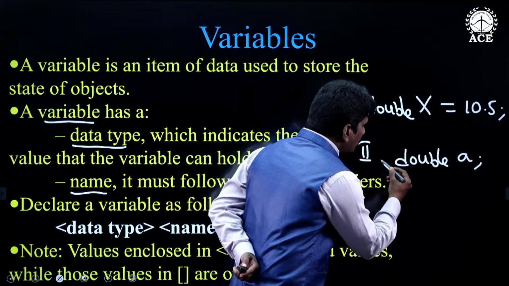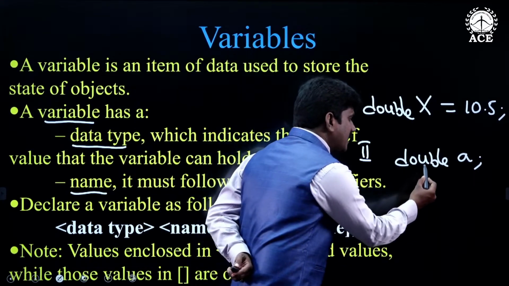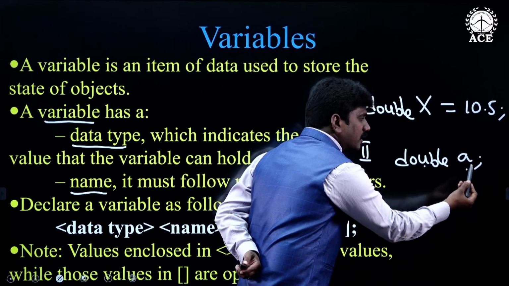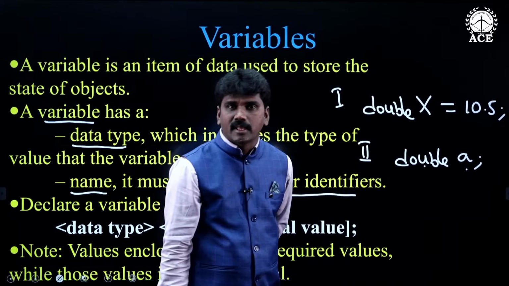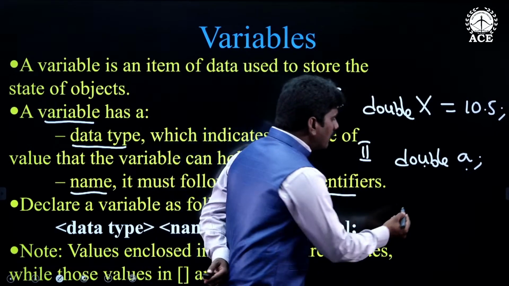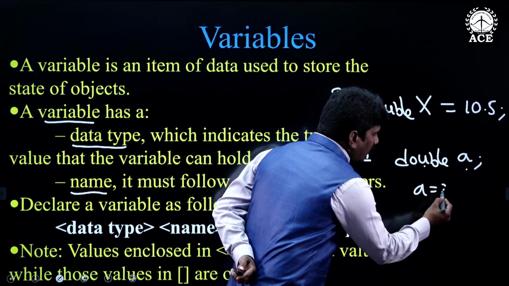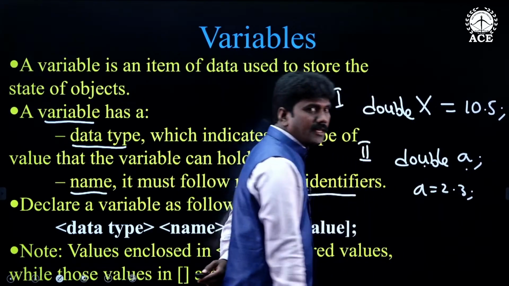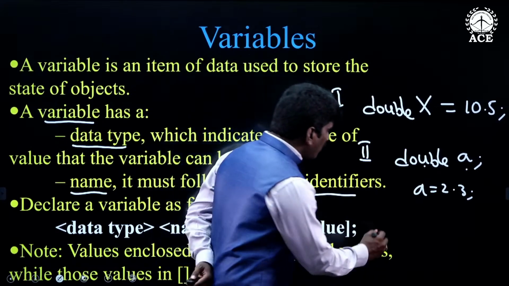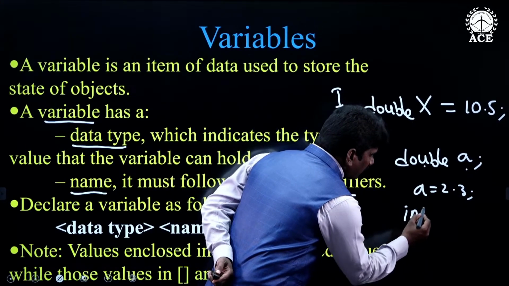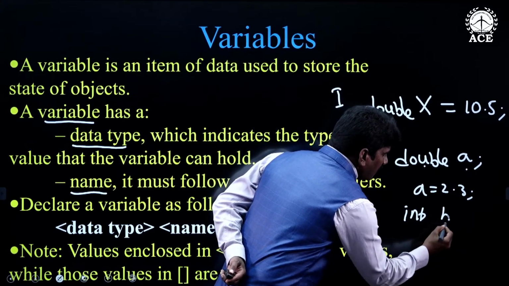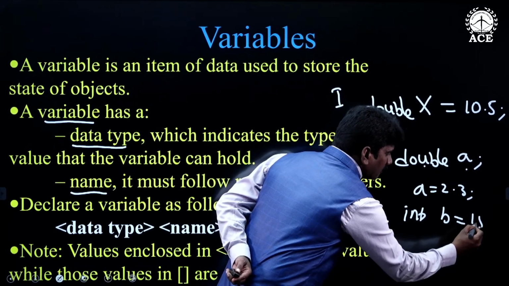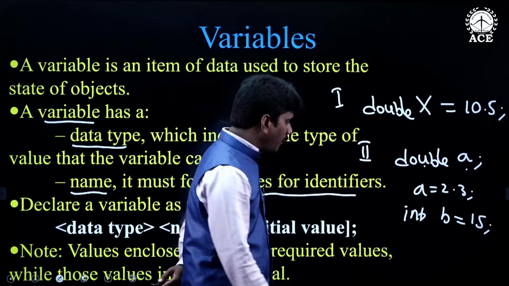This is also the correct way. The data type is there, the variable name is also there, and it is terminated with a semicolon. After some time, if you would like to assign some value like 2.3 to it, there is no problem. Or, for example, int b is equal to 15. Int b is equal to 15, third example.